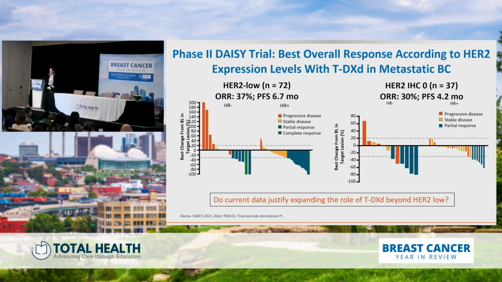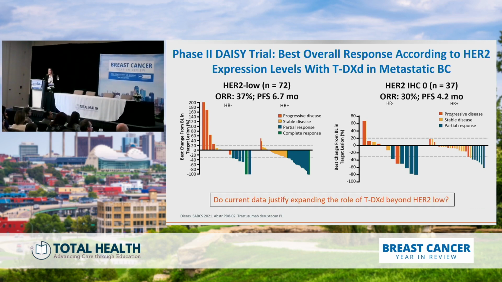So I wanted to just mention a smaller study. This is the DAISY study that also looked at trastuzumab deruxtecan. And I think this is an interesting subset analysis from this trial. They looked at patients by HER2 status, specifically whether they had HER2 low or HER2 zero disease, and you can see that the numbers are relatively small, but the overall response rates are very similar between the two.